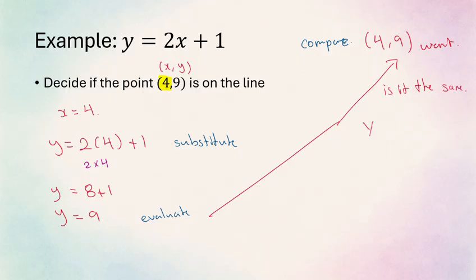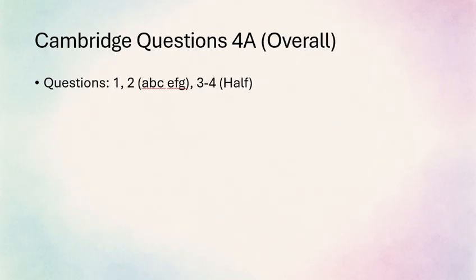The answer is yes. Okay, that's it. It works. Now, if what I figured out was a completely different number from what I wanted, you'll say no. It's that simple.